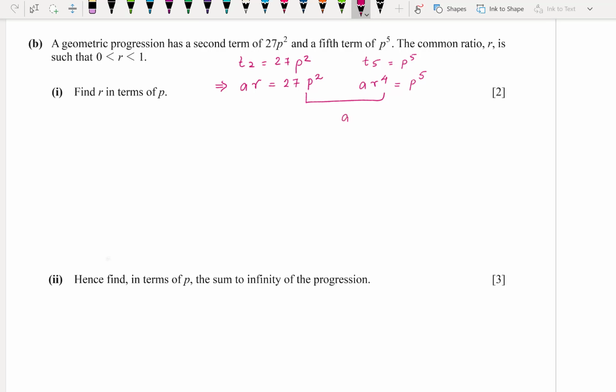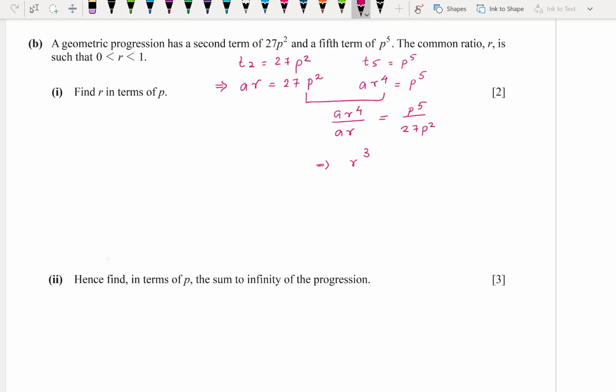So it will be r to the power 3, let's do it properly. r to the power 4 divided by ar is p to the power 5 divided by 27p square. Agreed, Amrita? Yes. So on the left side, terms will get cancelled out, and r cube is what's going to remain.